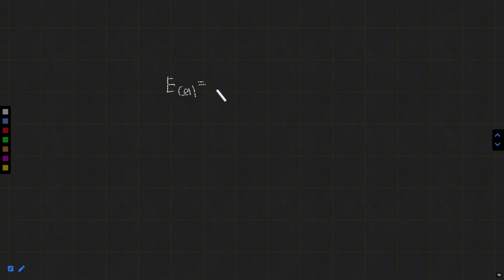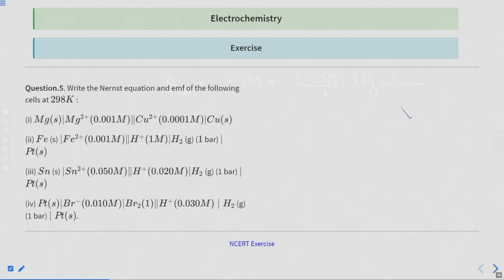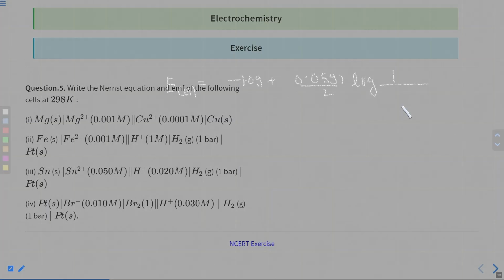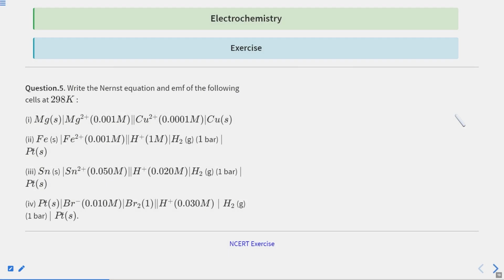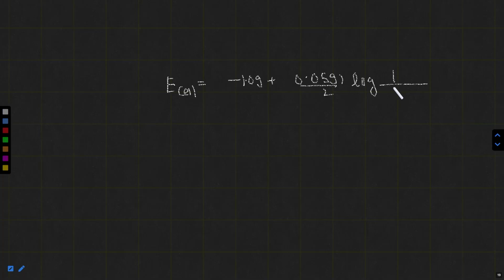It is minus 1.09 plus 0.0591, 2 electrons were involved, log Q. And Q was Br minus concentration square, so 0.01 square and 0.03 square, both on the downside.